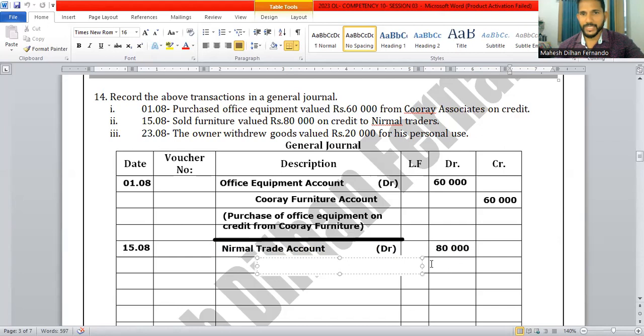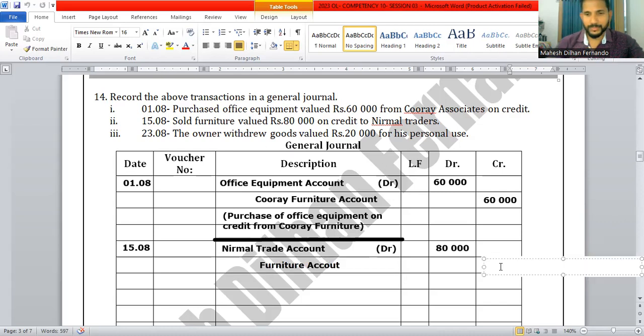On the furniture account, in the middle, don't write from the left-hand side corner. You have to write furniture account. Don't write CR. So record 80,000 in the credit column. Learn these things as they are, son. That is all that is needed.